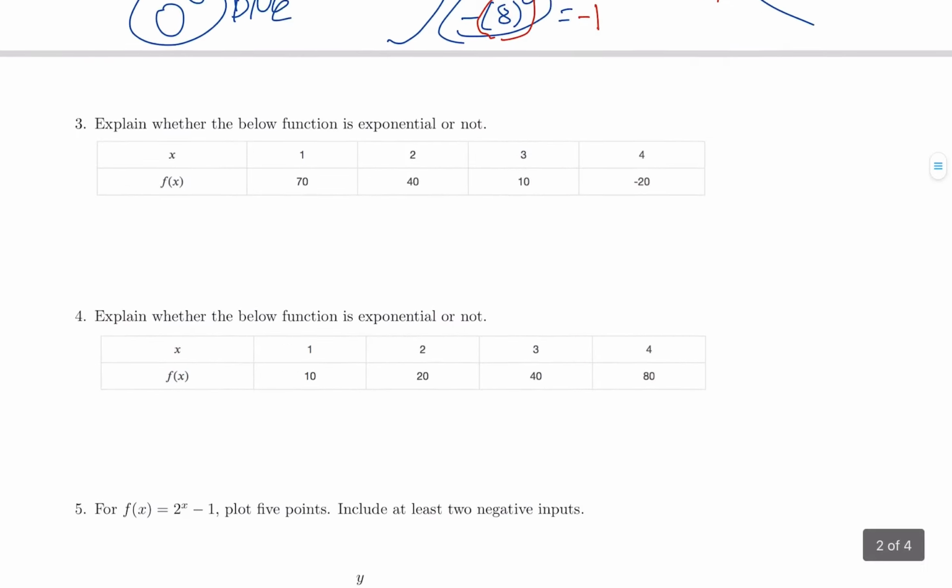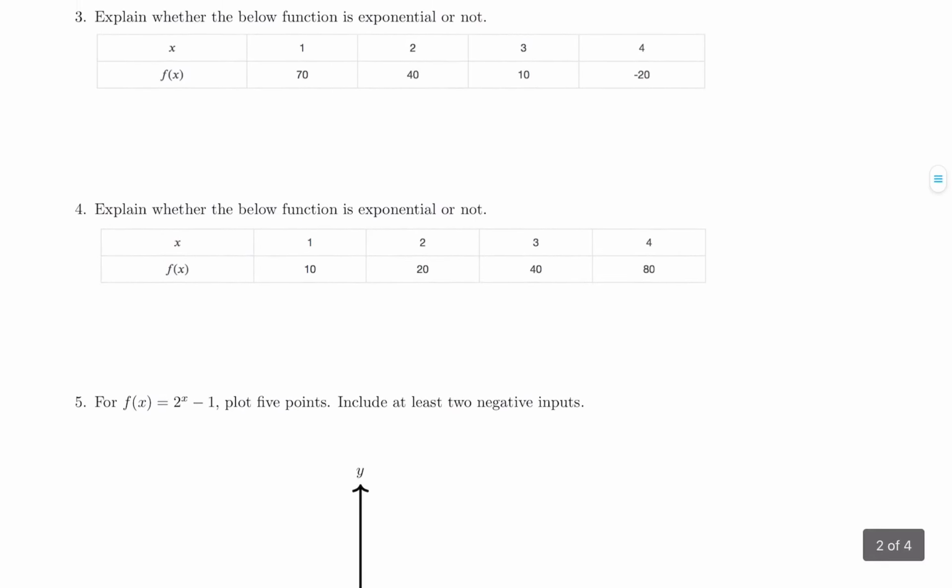Okay, so let's really try to understand just the conceptual meaning of exponential functions. Explain whether the below function represents exponential or not. We don't need to come up with an equation here. We just purely think about it in terms of relationship.